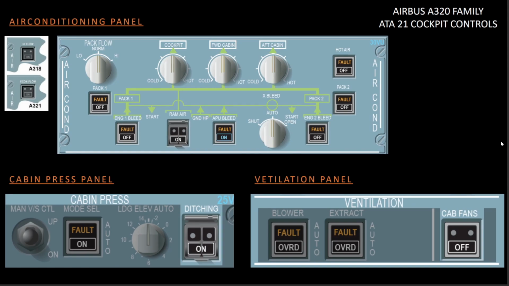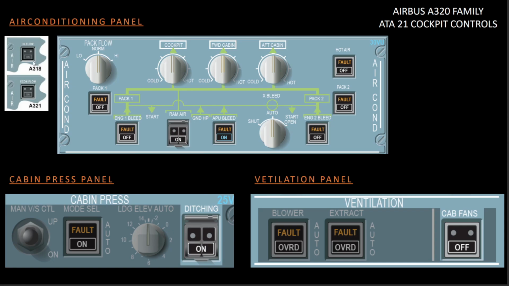Okay, so we have the pack flow selector if this is an A320 aircraft. In case we have an A318 aircraft, this pack flow selector switch will be replaced by this high flow push button.